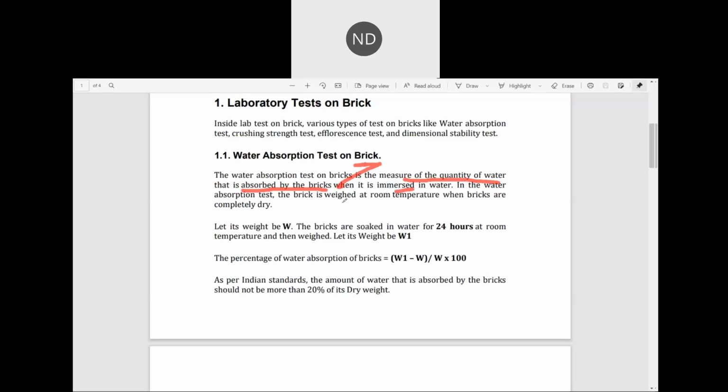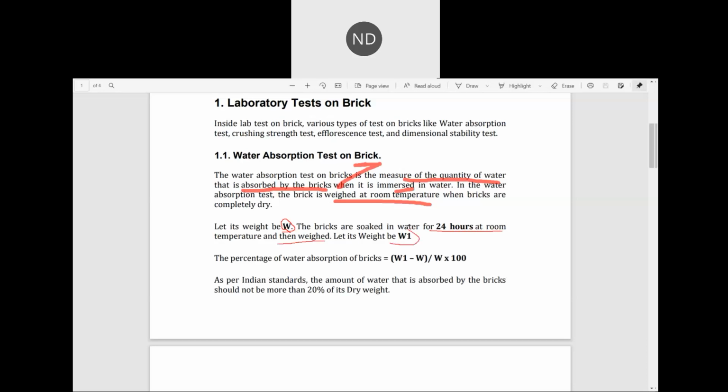In the water absorption test, the brick is weighed at room temperature first of all, when the bricks are completely dry. Your brick should be dry first of all, and then we weigh that and consider it to be W. Then the bricks are soaked in water for 24 hours at room temperature, and then weighed again.